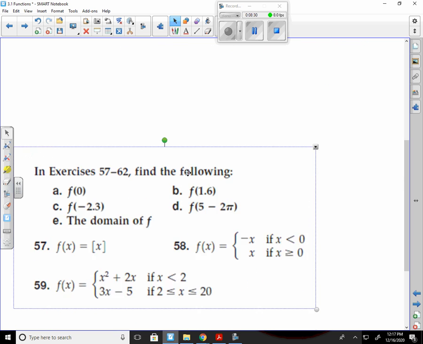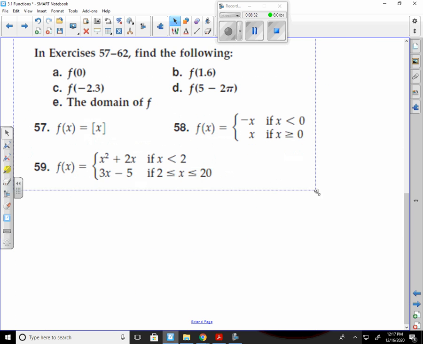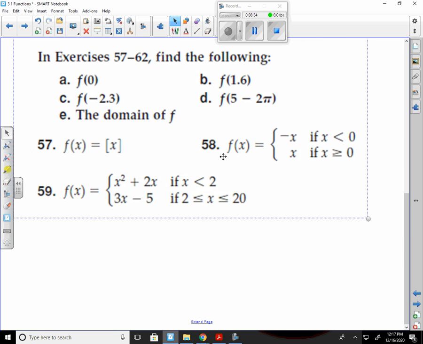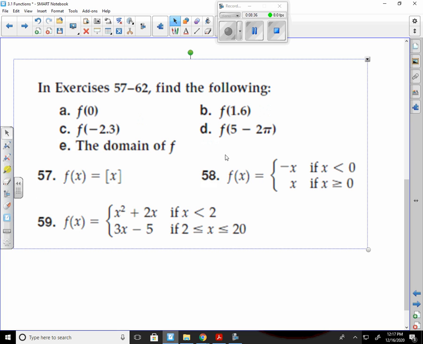All right. Let's look at some of the piecewise functions then. Let's jump to, we'll say 59. Well, let's do 57 first. 57 is a greatest integer function, which means that I'm doing parts A through E here.